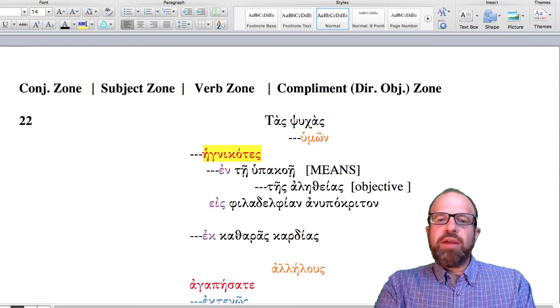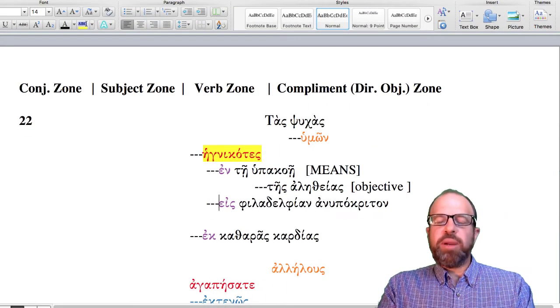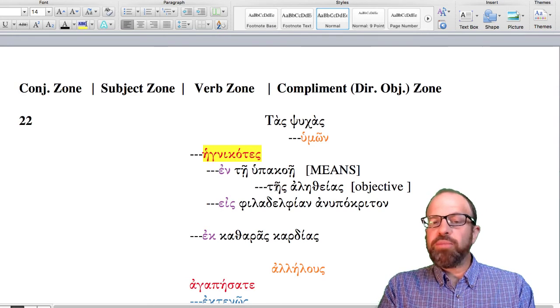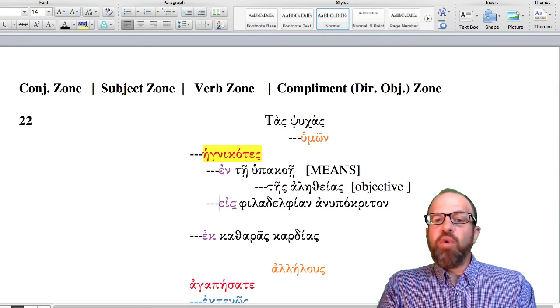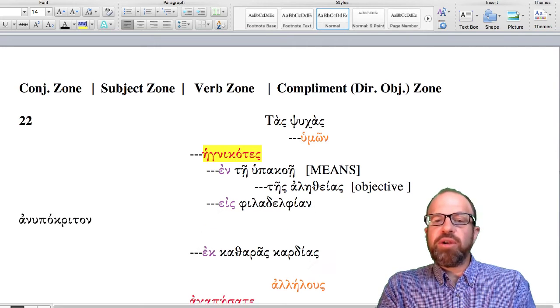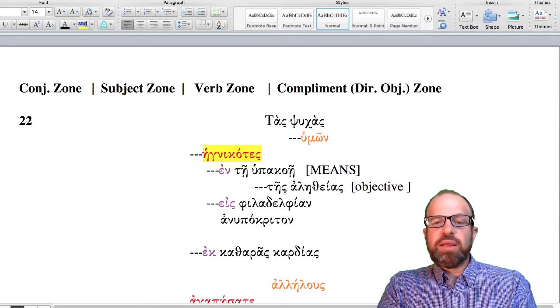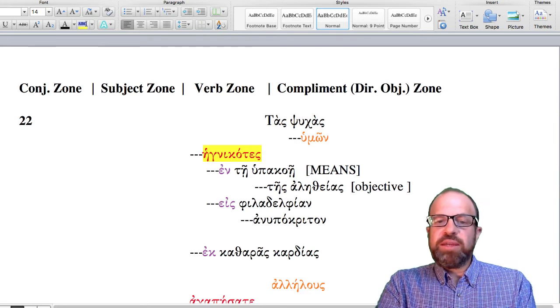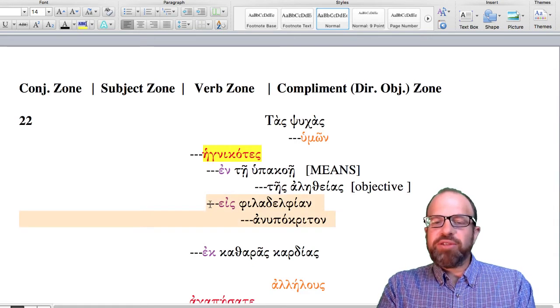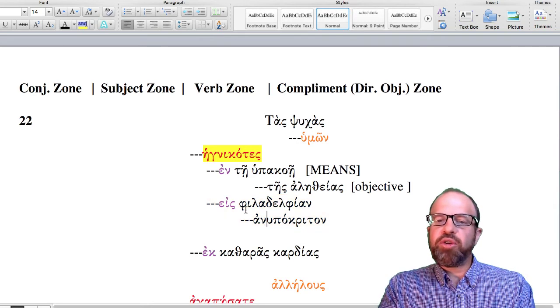All right, now even here we have another prepositional phrase. So having sanctified your souls by obeying the truth for a sincere brotherly love. This would then seem to be the purpose of sanctification, is an unhypocritical or sincere brotherly love.